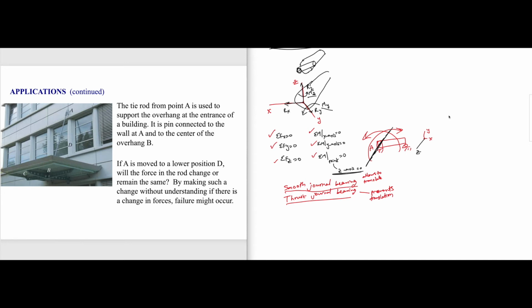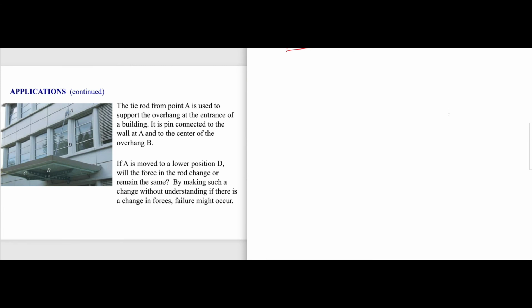Even in this problem here, let's say there is a slab attached to the wall, but we also have a rope support going from B to A that improves the safety of this slab from falling.